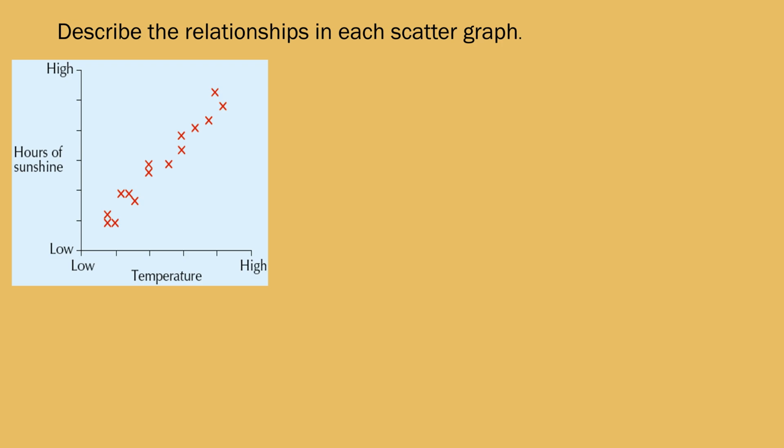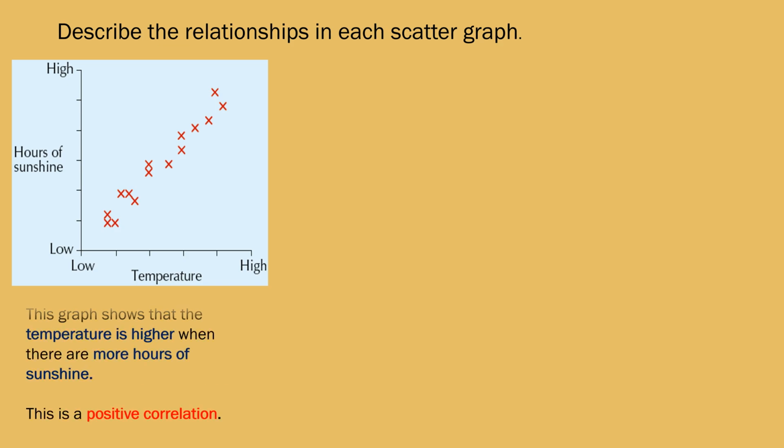Now, looking at this scatter graph, you will agree with me that it is positive correlation because you have the trend increasing from the bottom left to the top right. As one variable increases, the other one increases. So this graph shows that the temperature is higher when there are more hours of sunshine. That is what this graph is saying. And therefore, this is positive correlation.